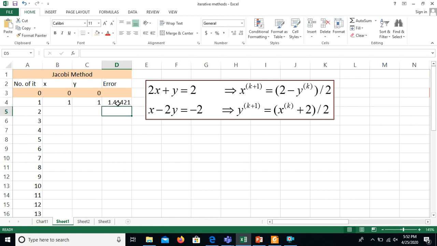So right now the error is 1.414. Now I have to update the initial approximation and calculate the next one.